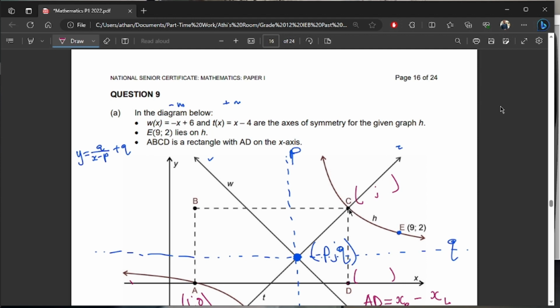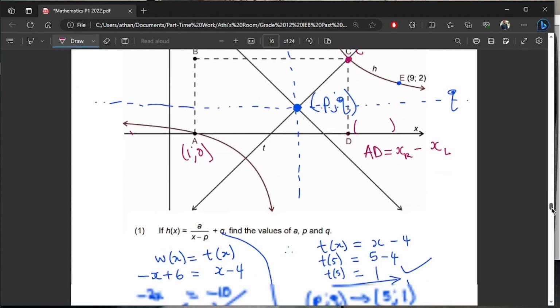I want to start off with C, guys, because there is something common here. The equation of T at C is equal to the equation of our hyperbola H. Look closely, they intersect at C, meaning they are equal there. So if we can find x there and then find y, we'll have the coordinates of C.